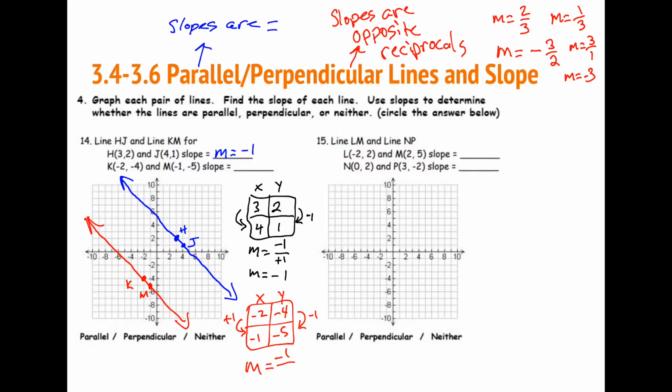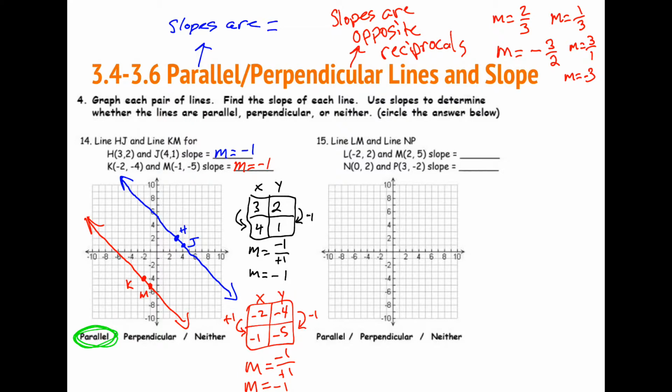My change of x is going to be +1. So then this is going to have a slope of -1. So then since my slopes are the same, I know that these lines are going to be parallel. Okay, so remember if slopes are equal, then we know that they are parallel.